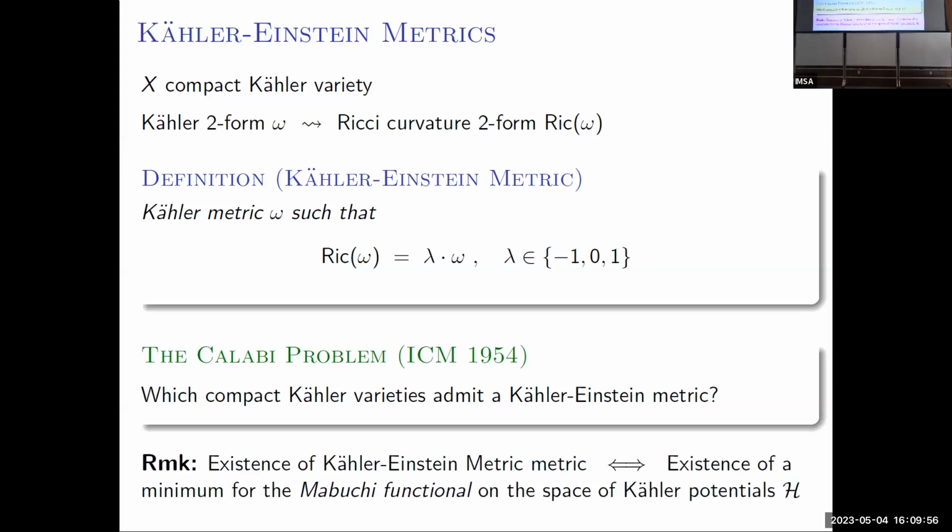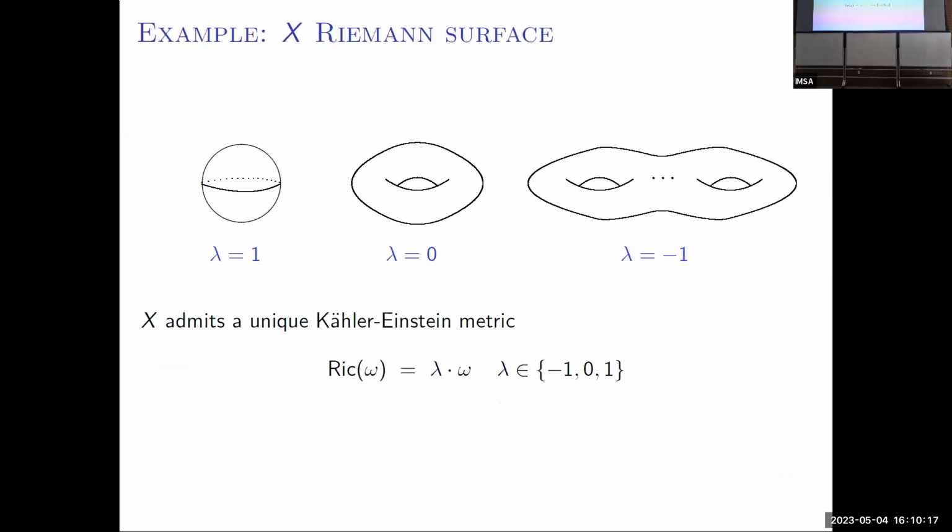And then from the point of view of the space of Kähler potentials, the Kähler-Einstein metrics are minimizers for a certain functional. This is what is called the Ding functional on this space of Kähler potentials. So a Kähler-Einstein metric is a minimizer for this functional.